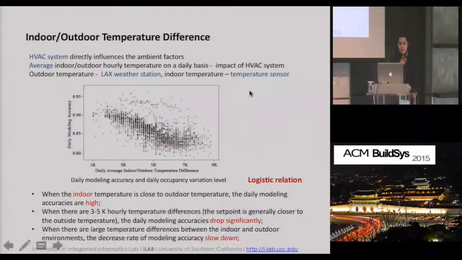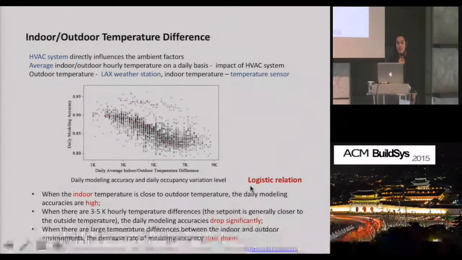And here you can see when the indoor temperature is close to the outdoor temperature, around here, the daily modeling accuracies were high. This is because there wasn't much interference of active conditioning on the ambient factors. When there was a 3 to 5 Kelvin difference between indoor and outdoor temperature, the results dropped significantly because this is when the HVAC system kicked in.